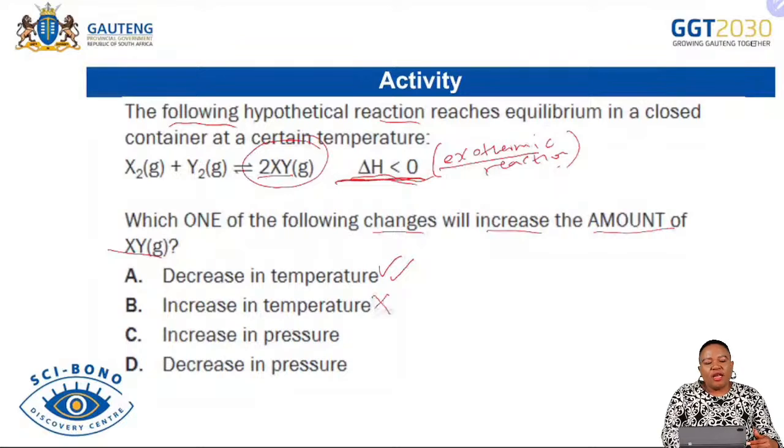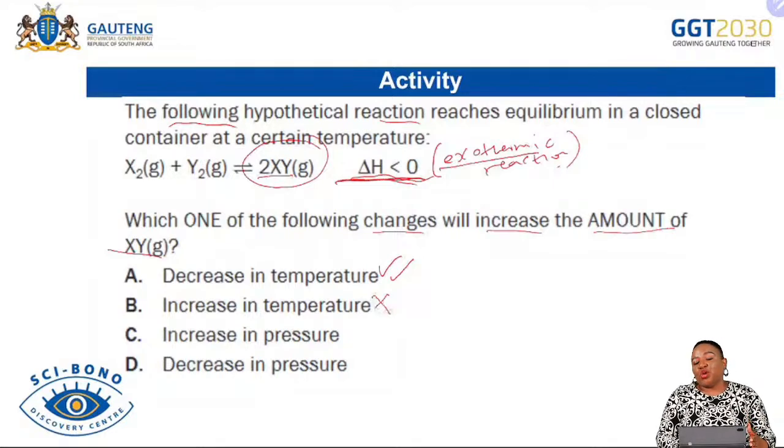An increase in temperature will favor the reverse reaction, because our reverse reaction is going to be our endothermic reaction. So if we wanted more of the reactants to be formed during equilibrium, we're going to increase temperature so that we favor the endothermic reaction and we favor the reverse reaction.